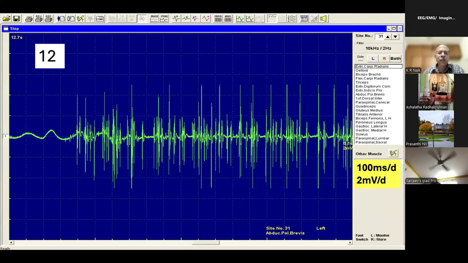Okay, this is a screenshot of the frozen screen from recruitment analysis. 100 milliseconds per division, so that's 2 seconds of data. 2 millivolts per division, so top to bottom is 20 millivolts. This is one in comparison to the previous one. So recruitment and interference pattern.